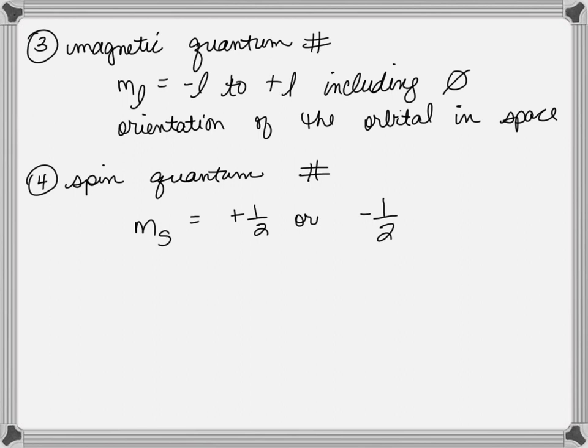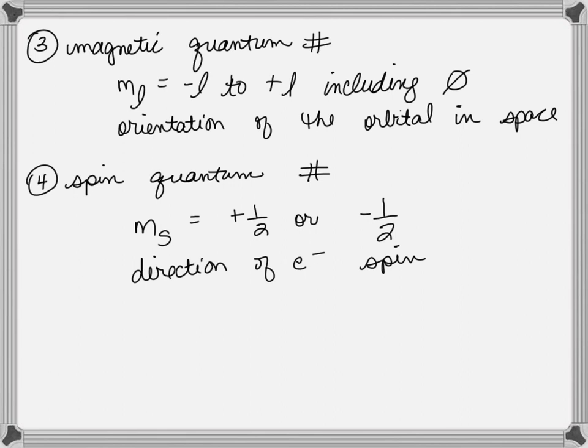It's just +1/2 and -1/2. That's the only 2 possibilities, and it tells you the direction of the electron spin. That is all I'm going to say about it right now. It'll make more sense in a little bit. For now, we just need to know it's plus and minus 1/2.